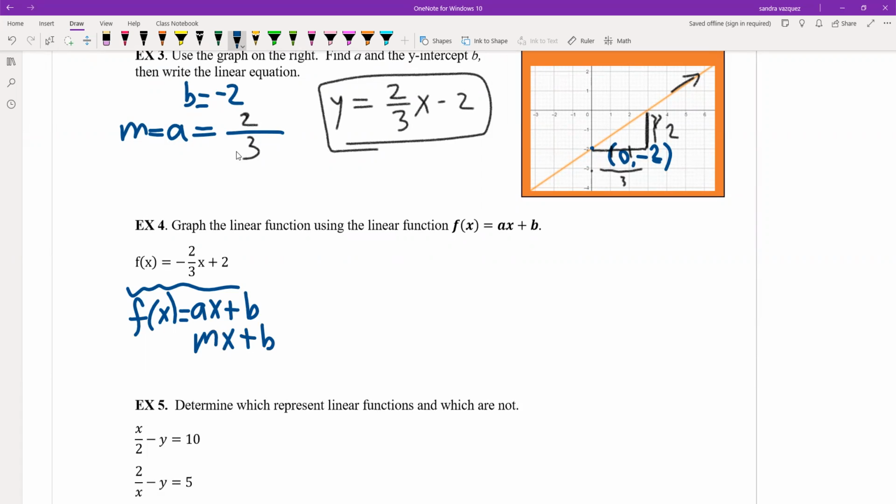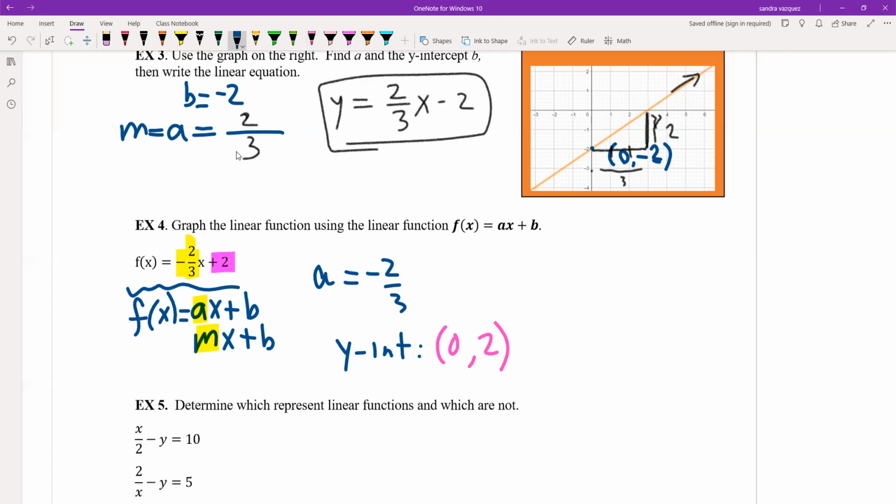My slope happens to be -2/3, and then my y-intercept happens to be this number right here, which is the 2. As an ordered pair, I'm going to write it down as (0, 2).